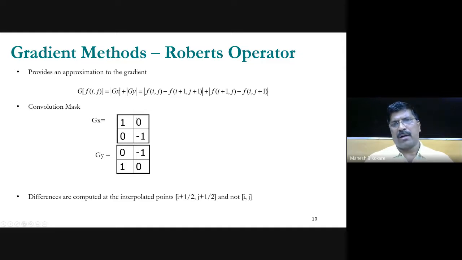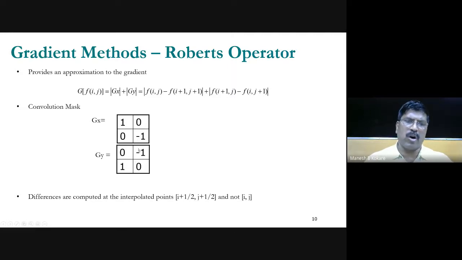The operator will become like this. For gx, it will be 1 and -1 and then 0 and 0, because this is f of i, j minus f of i plus 1, j plus 1. And gy will be equal to f of i plus 1, j minus f of i, j plus 1.